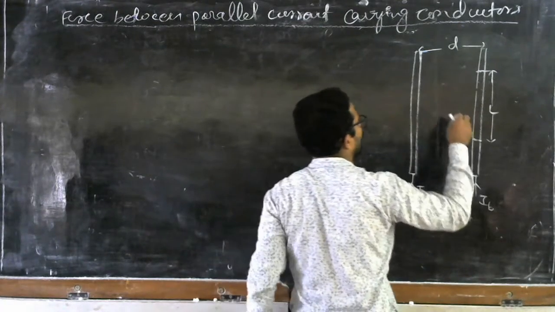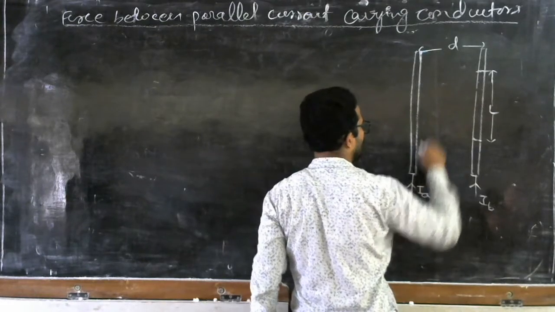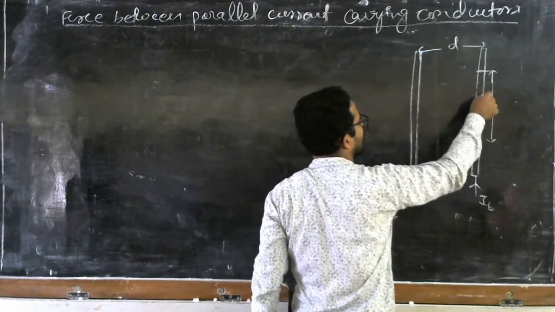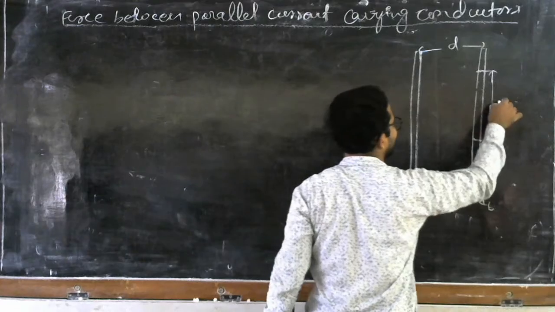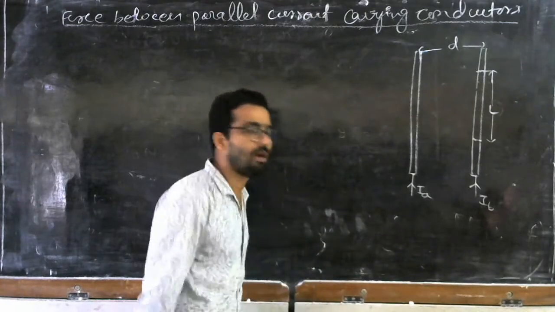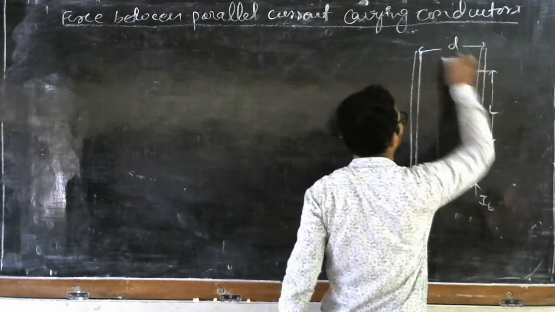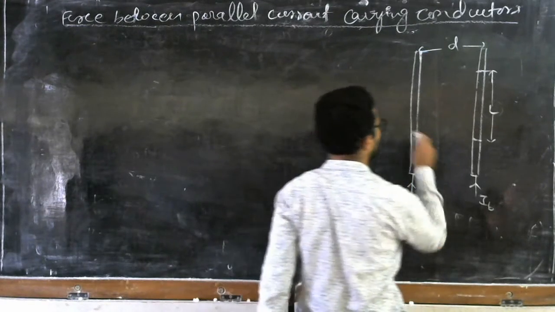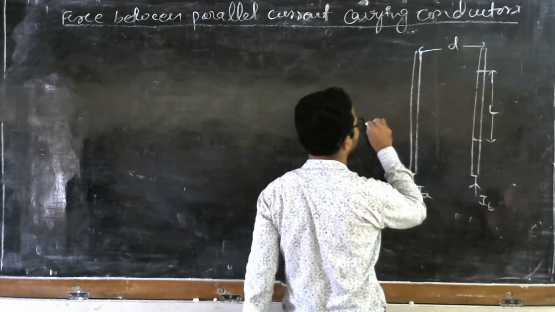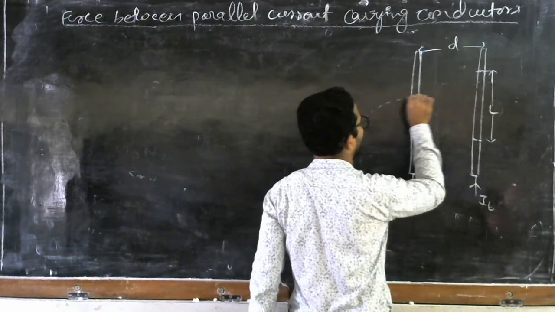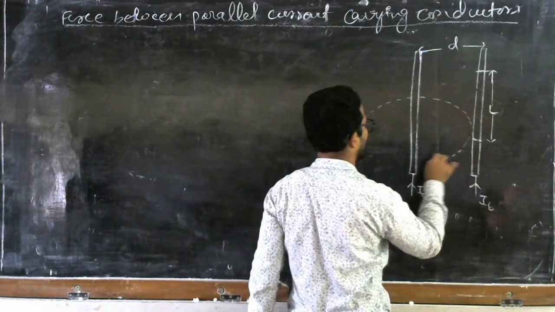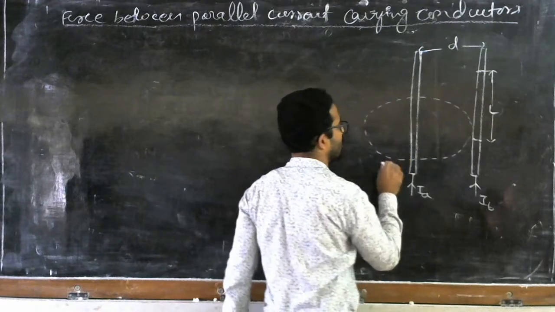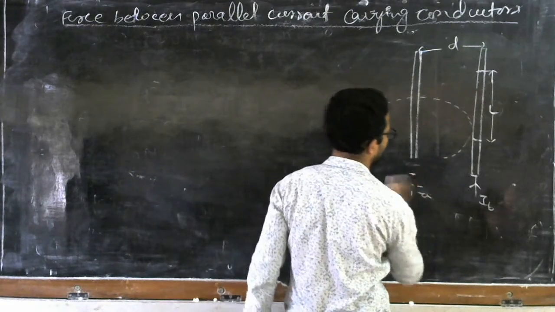Now you have to find the magnetic field due to this conductor on the length L. Let me draw the direction of magnetic field. How to draw, I told you. The direction of magnetic field will be like this.